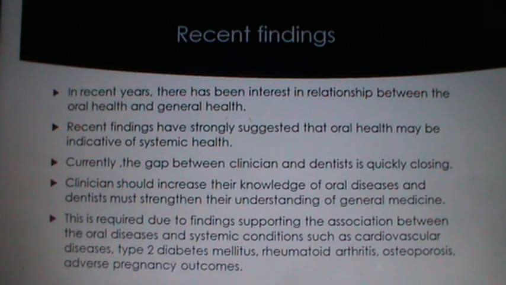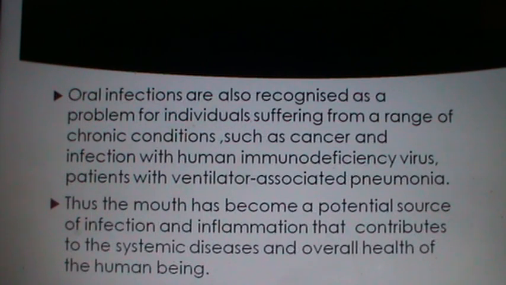This is required due to findings supporting the association between oral diseases and systemic conditions such as cardiovascular disease, type 2 diabetes mellitus, rheumatoid arthritis, osteoporosis, and adverse pregnancy outcome.